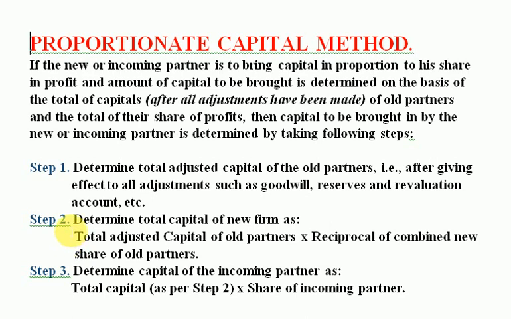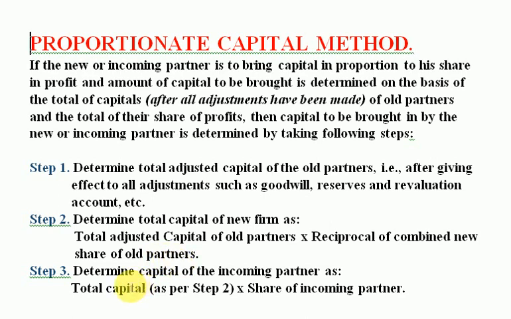Step 2 is to determine the total capital of the new firm. This is actually a mathematical step. There are ways to find it out. So we have given it a name: determine the total capital of the new firm, which is a mathematical step. Total adjusted capital of old partners, which will come from step 1, multiplied by the reciprocal of the combined new share of old partners.